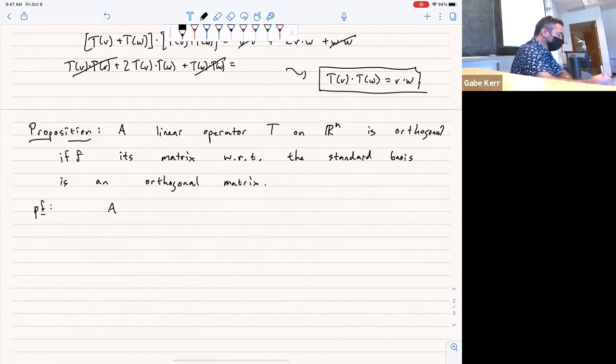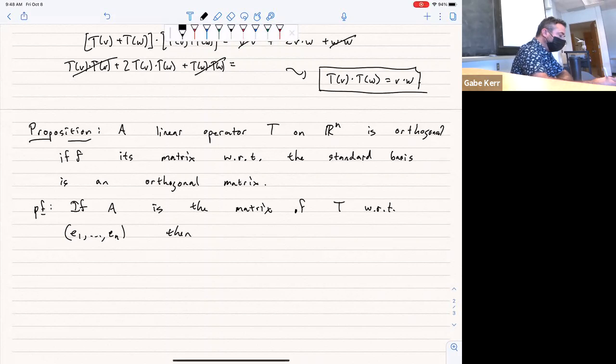Let's say A is the matrix of T with respect to the standard basis e1 through en.